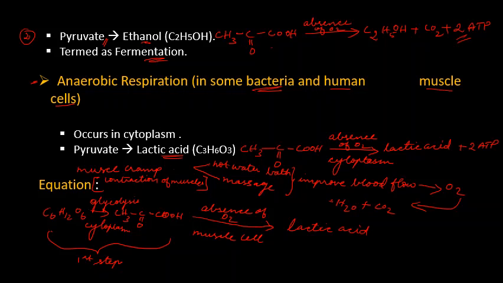And along with that, 2 ATP molecules are also produced here. So this is the second step. Lactic acid is the end product of the second step. Along with that, 2 ATP molecules are produced.